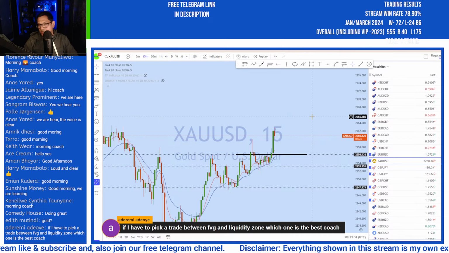None can be best, or both can be the best. It depends completely on other factors, because you cannot trade only based on the liquidity, neither can you trade based on the FVG. Having all the information in hand is very important.